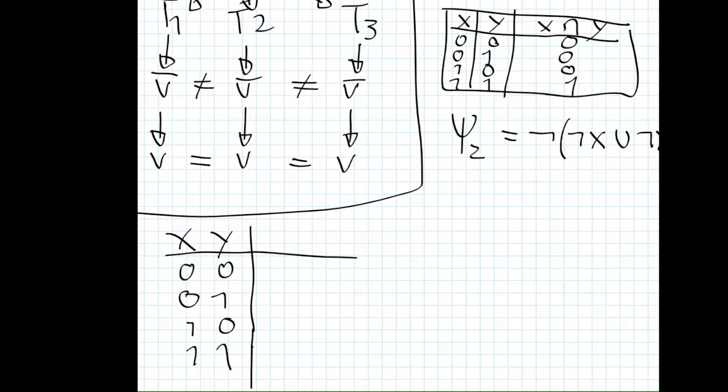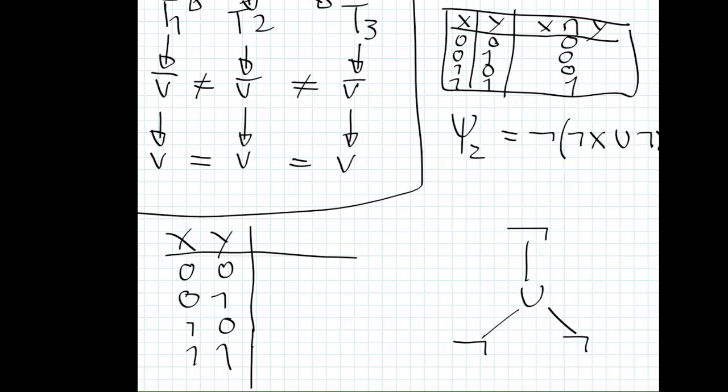So let's begin with the internal part. Let's say, well, let's begin from the top. So we have a negation, correct? And then we have a disjunction from x and y. Actually, sorry.